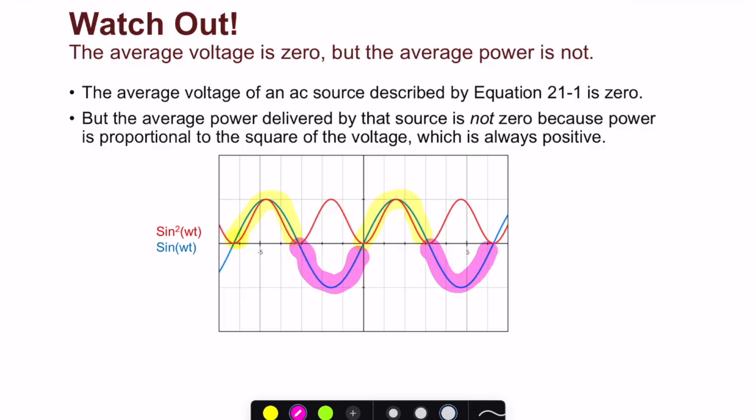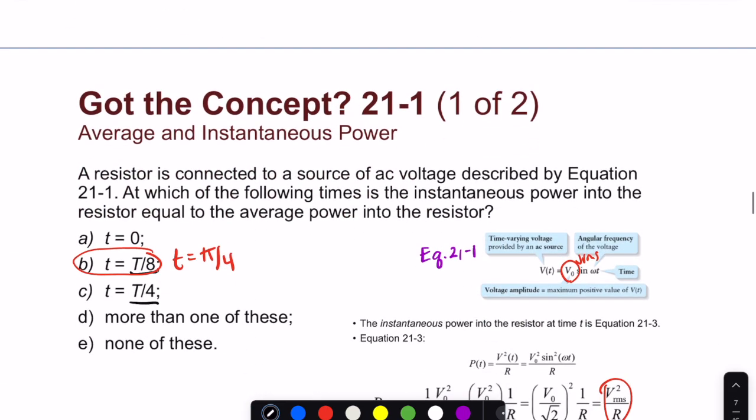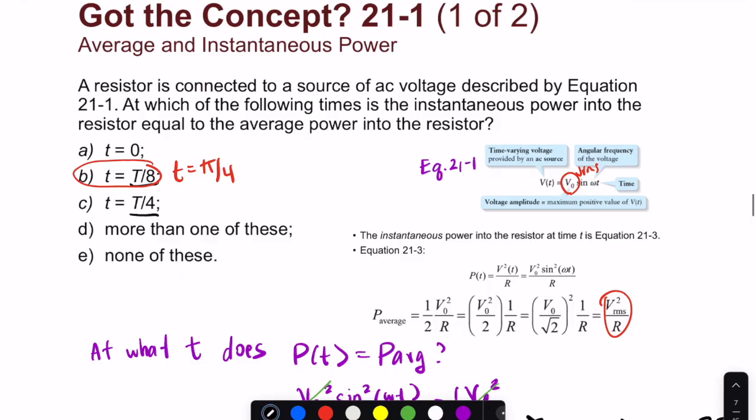So that would average to 0. But sine squared is always above the 0 line, and therefore its average is 1/2. Okay? So just a fun fact there.